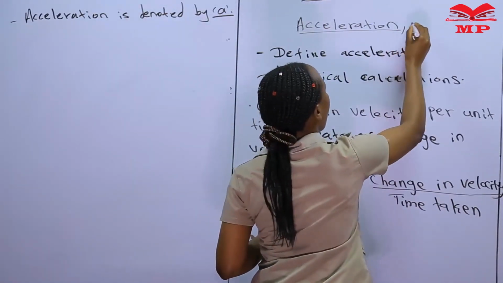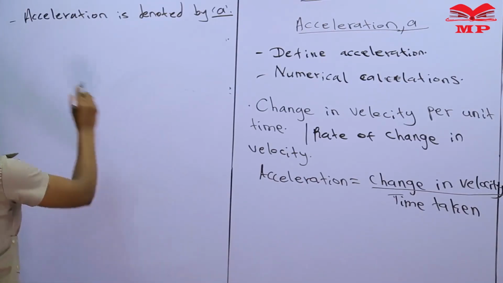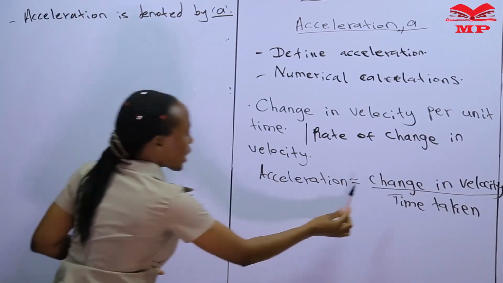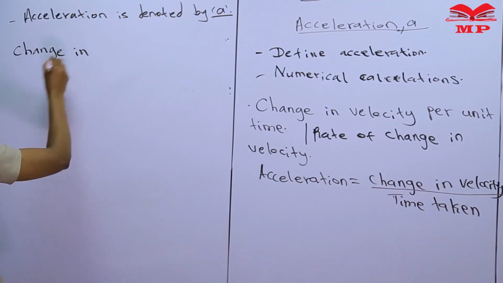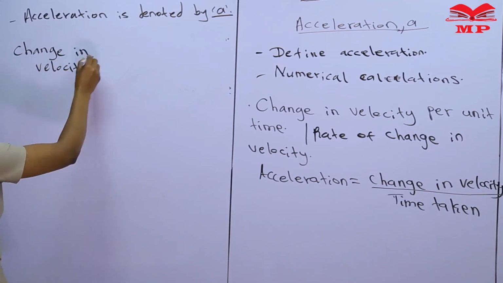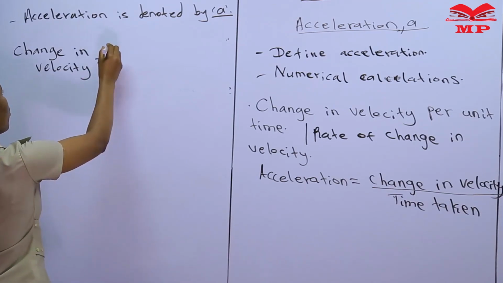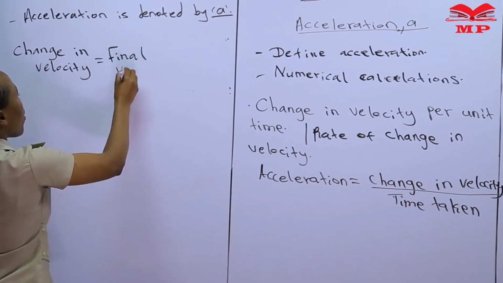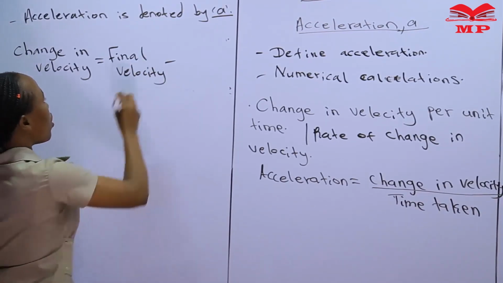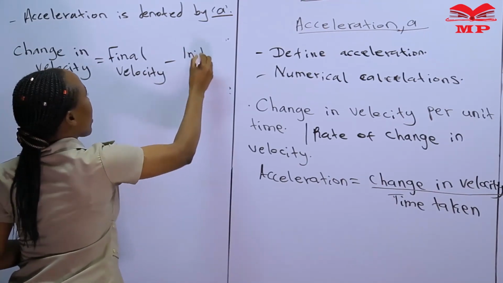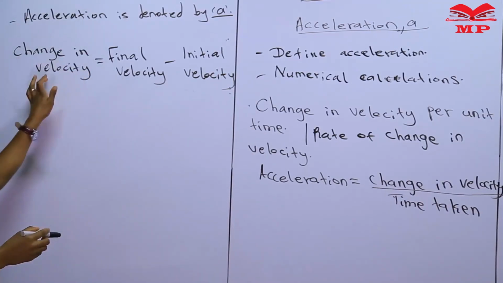When we want to get the change in velocity, it is simply given by the final velocity minus the initial velocity. For us to have the change, we have the final and the initial.